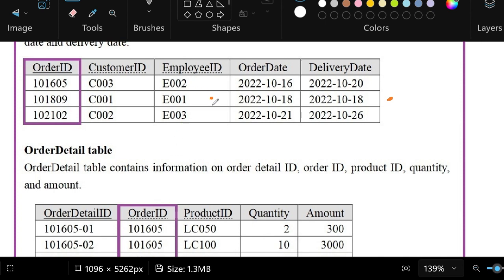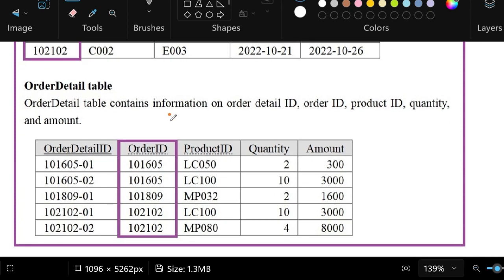From there, we know the employee ID who handled the transaction, the order, and of course, from the order detail, we can learn more about things like how much the item was. Remember, we need to know who contributed over 10,000 for the year 2022. And if that employee is, for example, Danny, then we increase the salary.